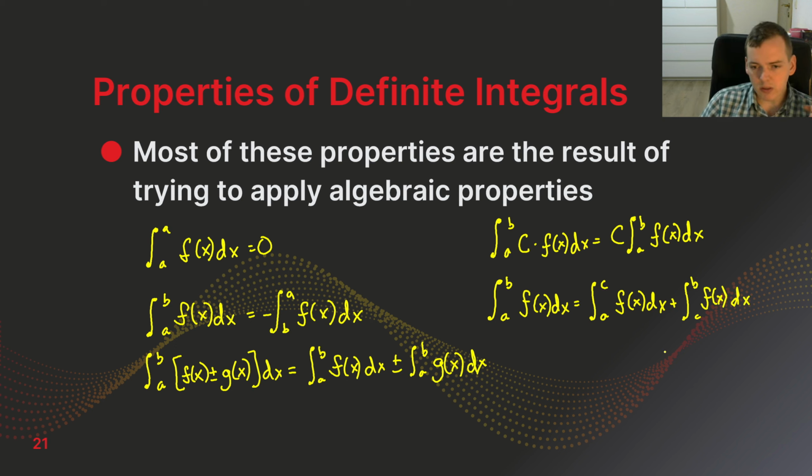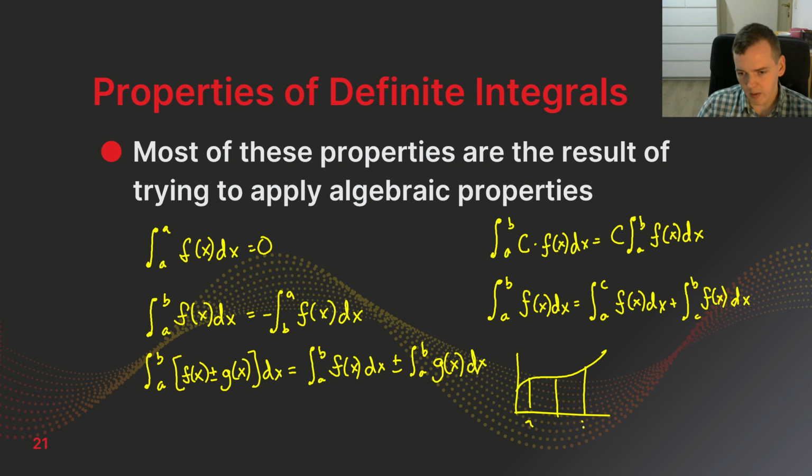In other words, I can split up any integral at any point that I want. The most common place you'll see this initially is with a, b, and c values like this.